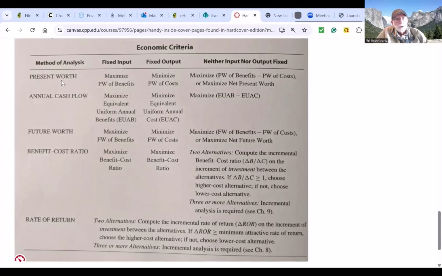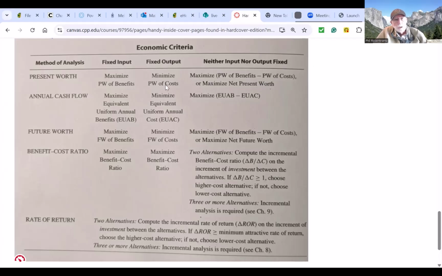So for whichever method you pick, you have to look and see how the criteria is defined. For example, present worth, if neither input nor output are fixed, you want to maximize the present worth of benefits minus the present worth of cost, which is also called the net present worth.